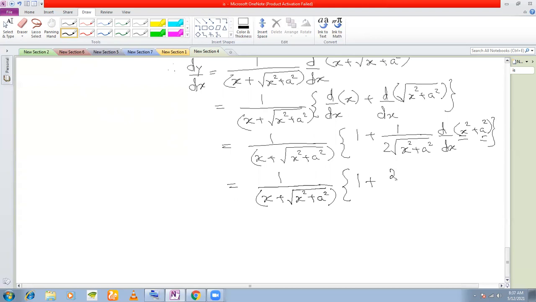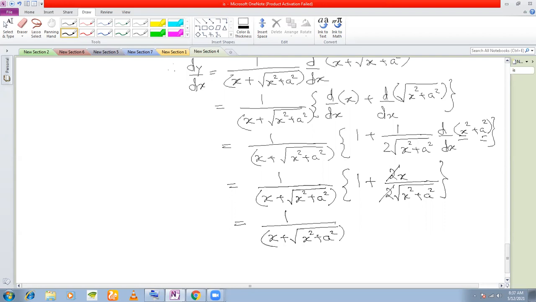So this becomes 2x by 2 root x square plus a square. Is this step clear to you? Yes, sir.